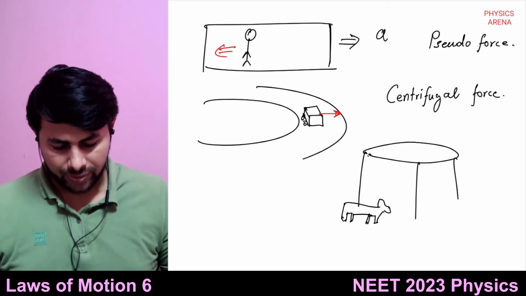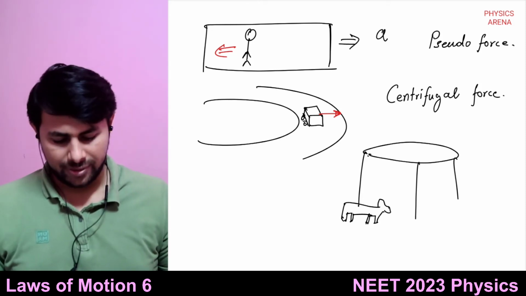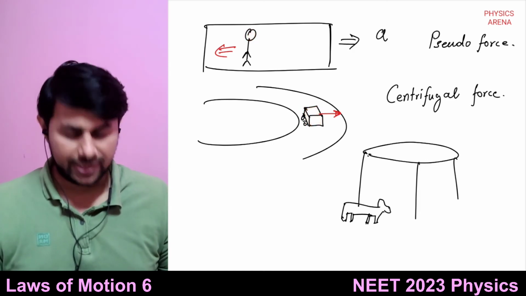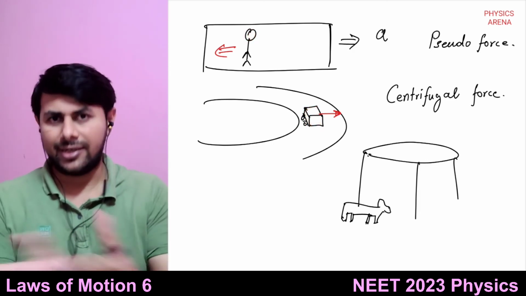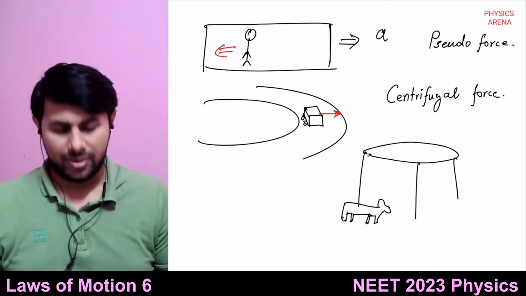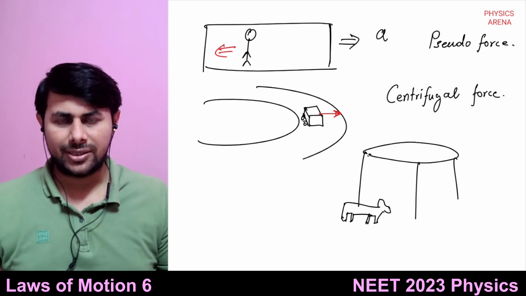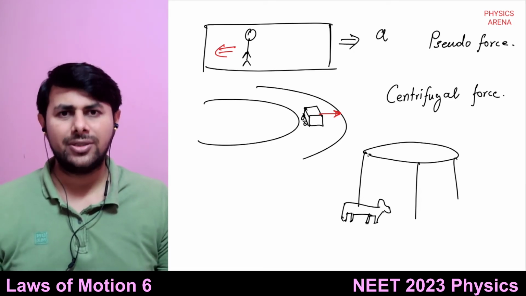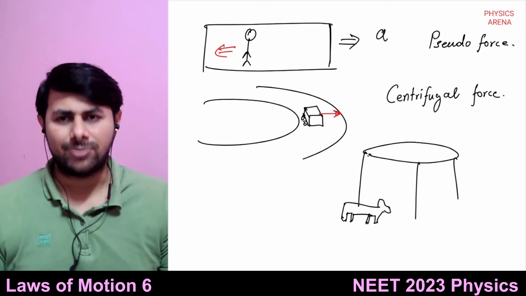So why is it happening? Why are this person, or this car, or the person sitting in this car when the car is taking a turn towards left, such that you cannot explain that motion using any real force? It's because these are all non-inertial observers.